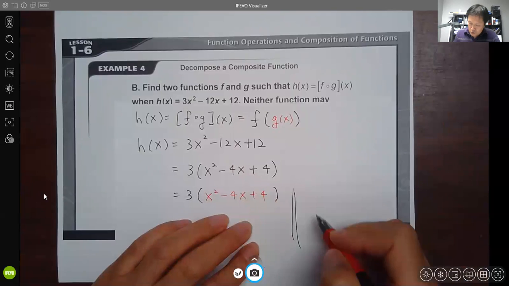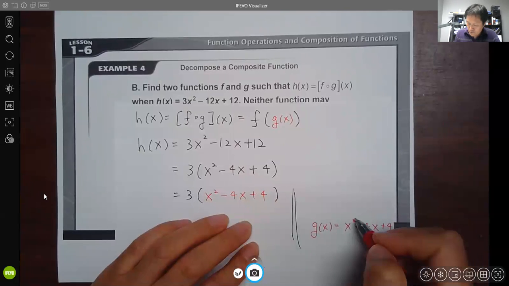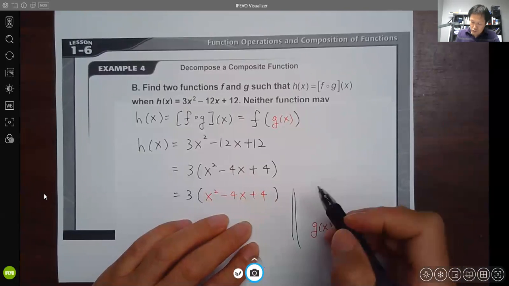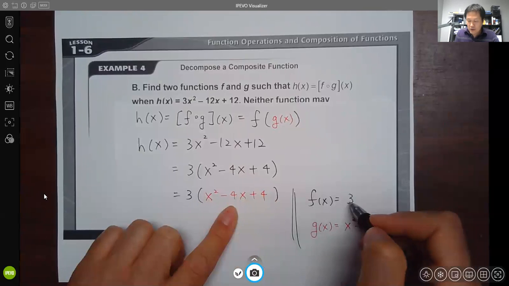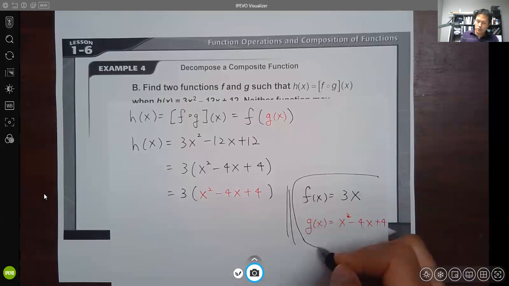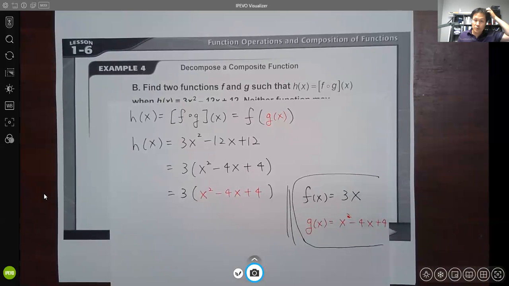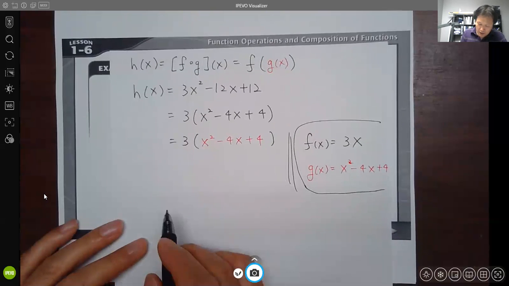I can do g of x as x squared minus 4x plus 4. I can do f of x as 3 times something. So that's one answer. You can decompose. You're done. For the textbook, they went a little further. They did a little fancier.